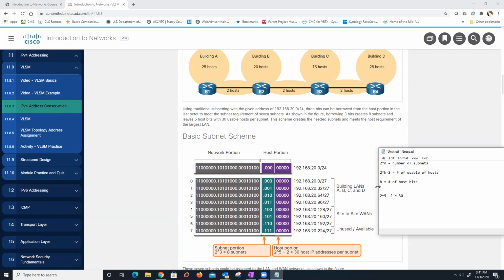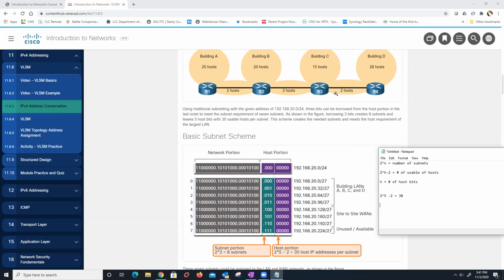You'll also notice that building C needs 15 hosts. 2 to the 4th is 16 minus 2, which is only 14 usable hosts, so we really can't go any smaller than borrowing 5 bits. Otherwise, we won't have enough for building C's hosts.